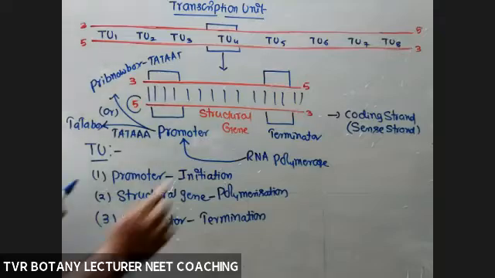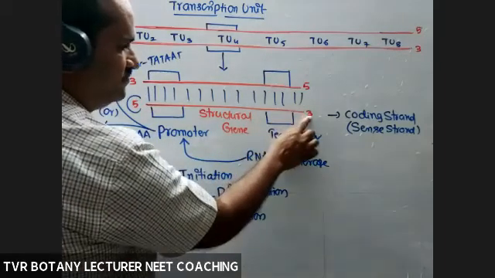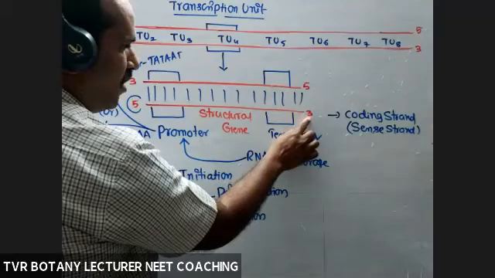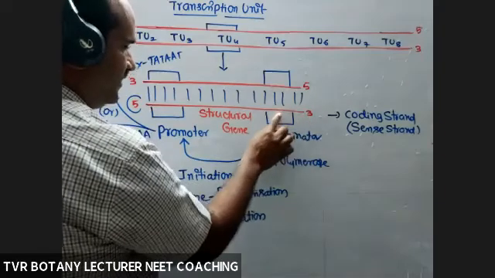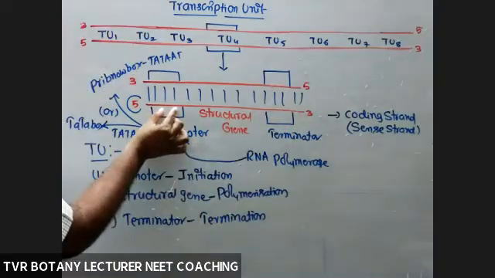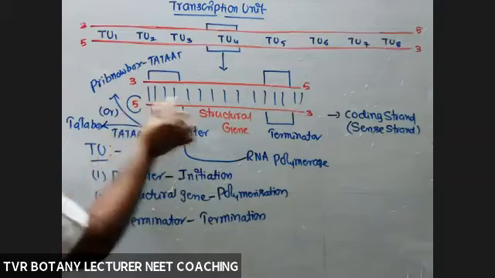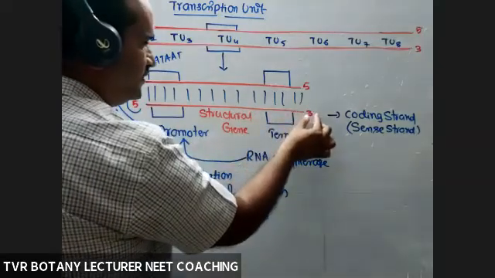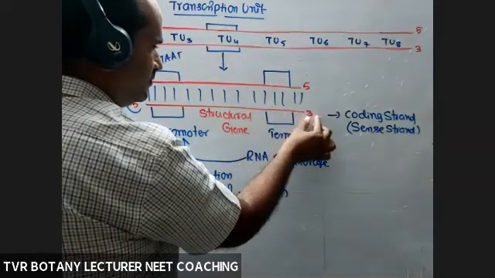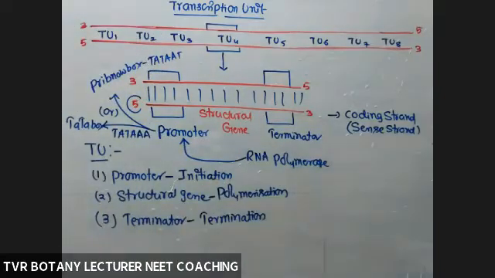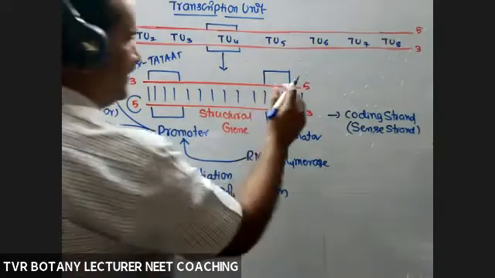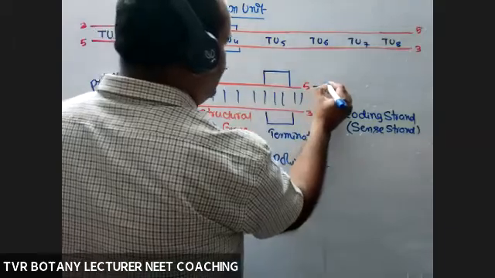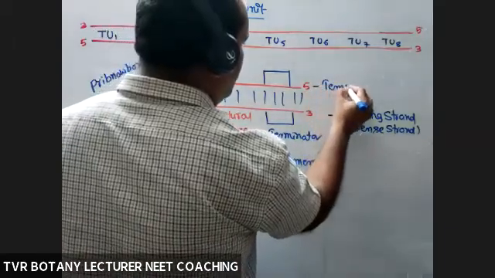Next, the terminator is towards the downstream of that strand. So in this case, the promoter is towards the upstream and the terminator is towards the downstream of this one.